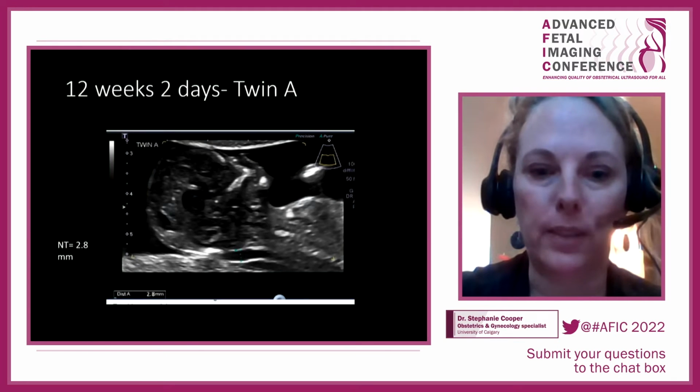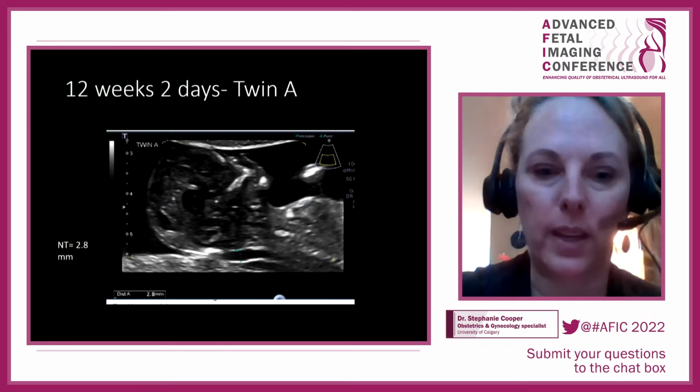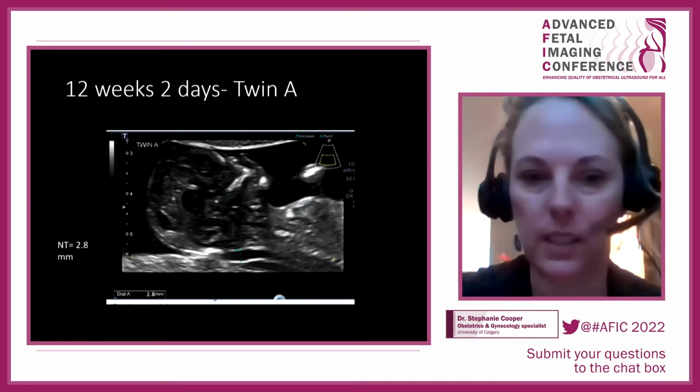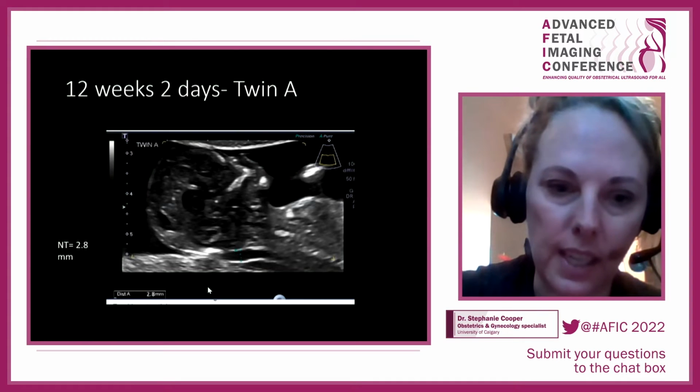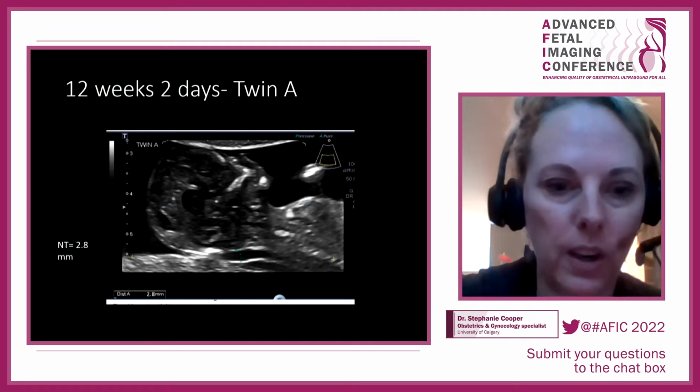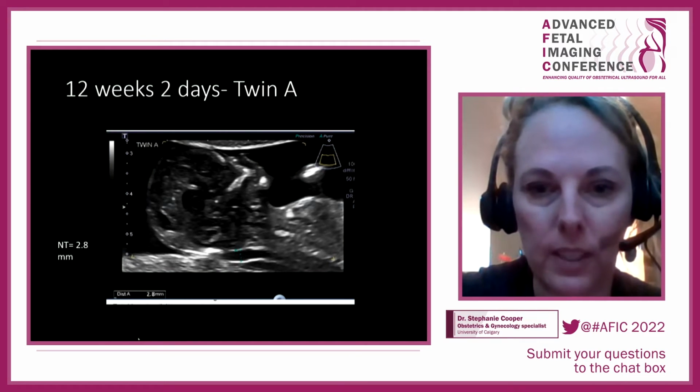But she went back for ultrasound at 12 weeks and 2 days for her nuchal translucency assessment. And you can see a nuchal translucency here of 2.8 millimeters.